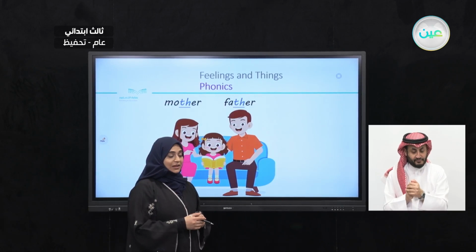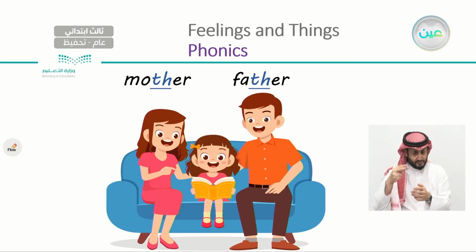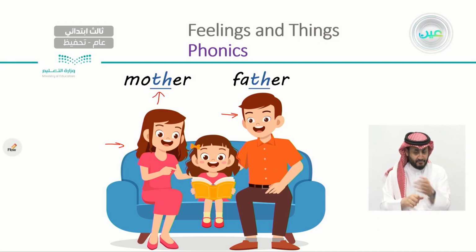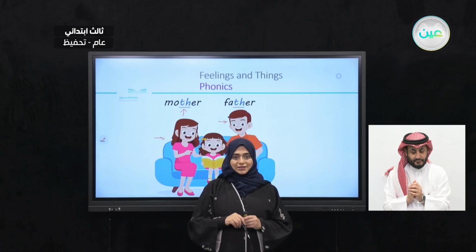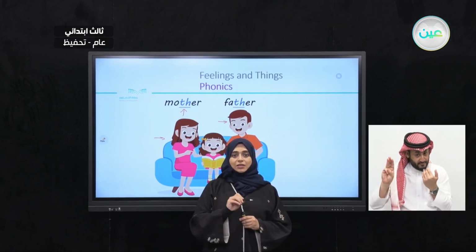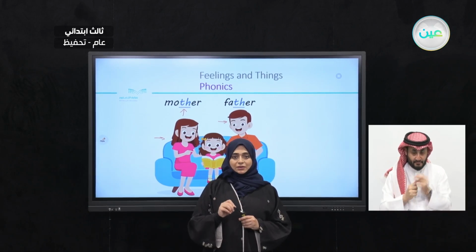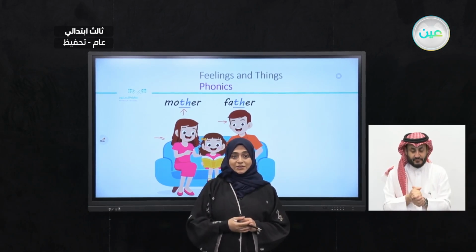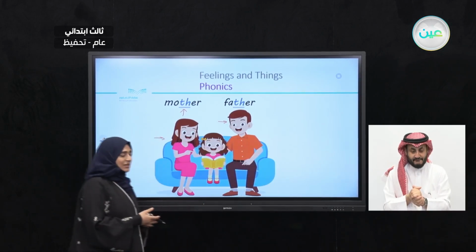Next we have another TH sound, right? We have here mother and father. Can you make the sound that's underlined? The. Excellent. The one before was th. This one is the. So this one has a voice, okay? The other one was like a whisper.